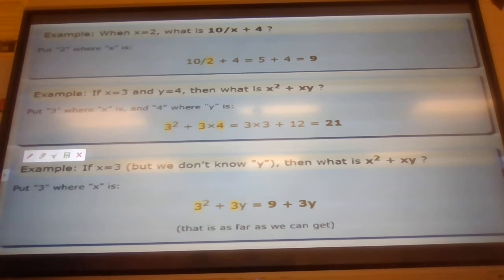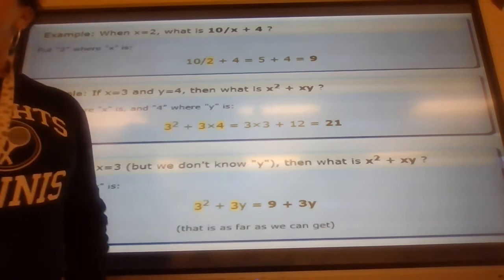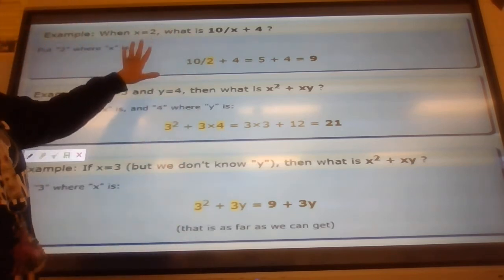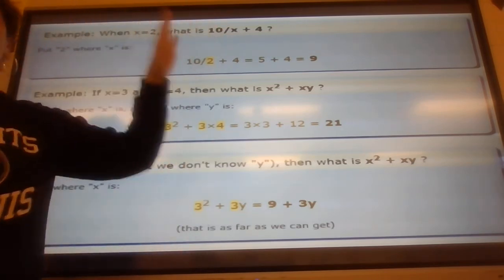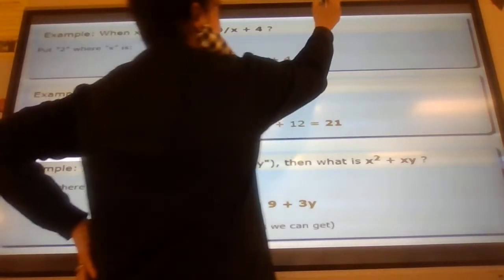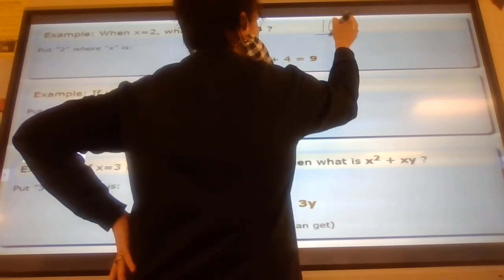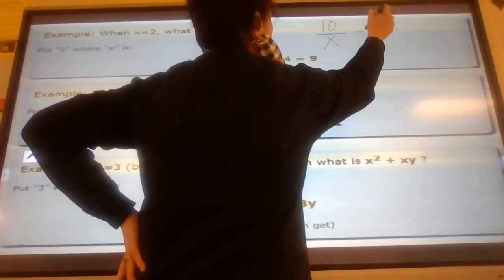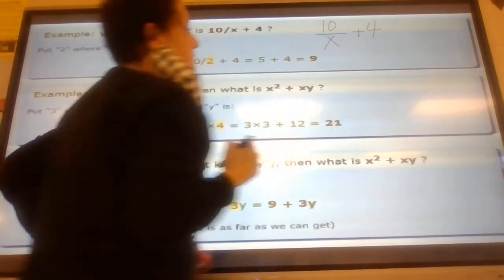When x equals 2, what is 10 divided by x plus 4? So I'm going to rewrite this. I want you to rewrite this with me, even though we've got it right here. What is it about that problem that makes me cringe? It's a different way of writing the sign. That diagonal fraction bar just makes me cringe, doesn't it? So we're going to write it the way we're going to see it. 10 divided by x plus 4, okay?